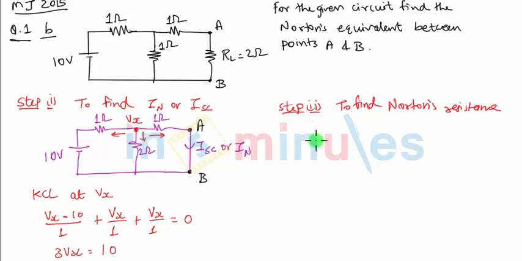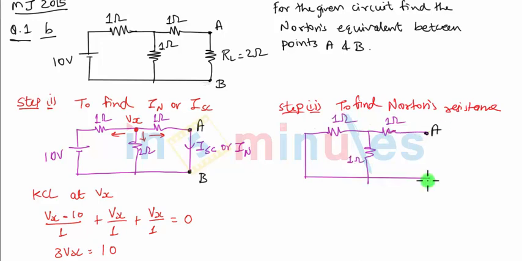Voltage source will be short circuited and current source will be open circuited. There is only one voltage source in this case, so that voltage source will be short circuited. The rest of the circuit will be as it is. So we get 2 points A and B, and this time, because we are finding out the equivalent resistance between A and B, we keep them open and we define this resistance as Norton's resistance Rn.